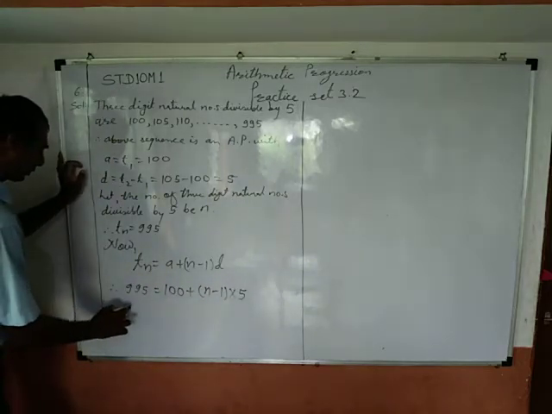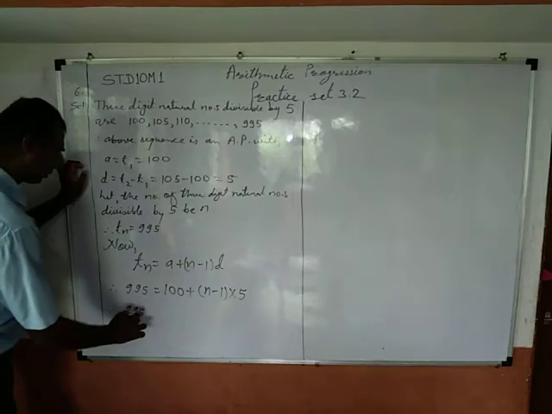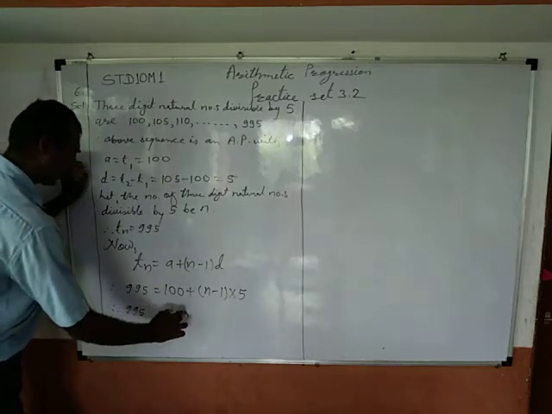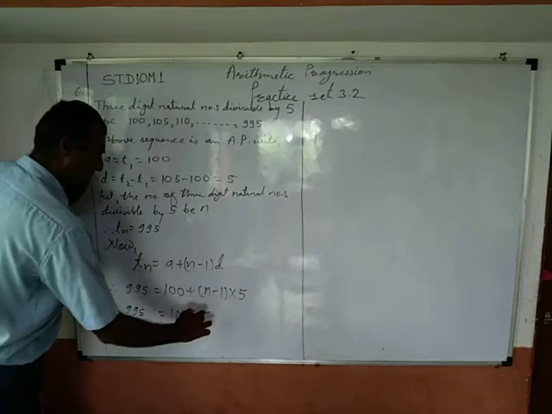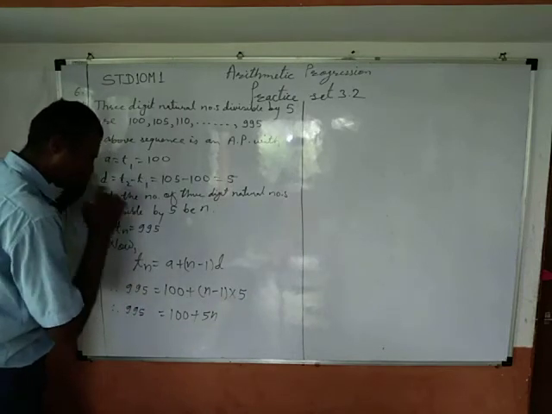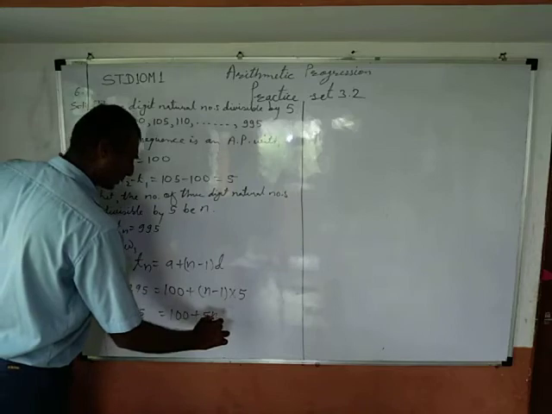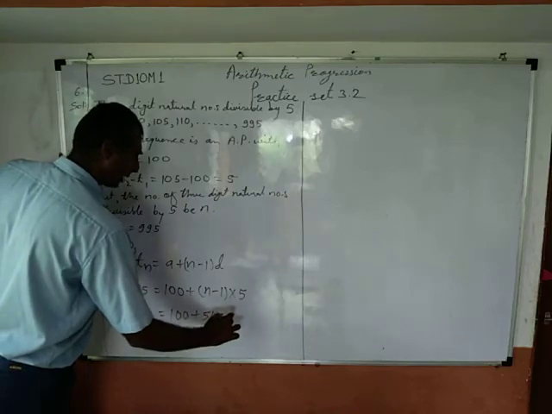Therefore 995 equals 100 plus 5 into n gives us 5n, and 5 into minus 1 gives us minus 5.